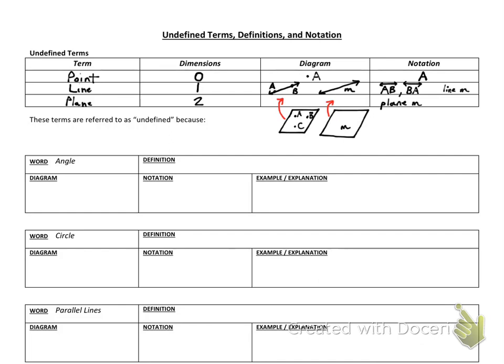But let's say it's the one with the points on it. So now we also have plane what? ABC. Could we call it anything else? CAB. That works. CBA works.